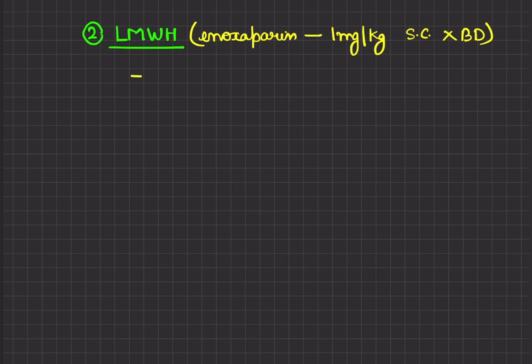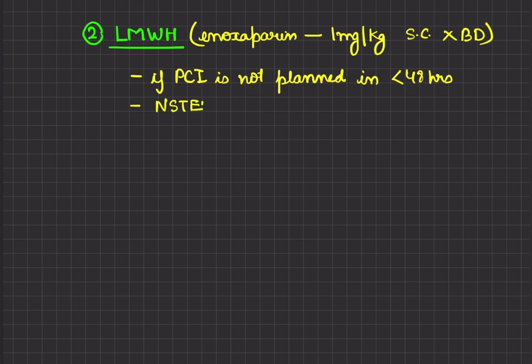This drug is given if PCI is not planned in less than 48 hours. This is used in non-ST elevated MI. Third drug is fondaparinux.